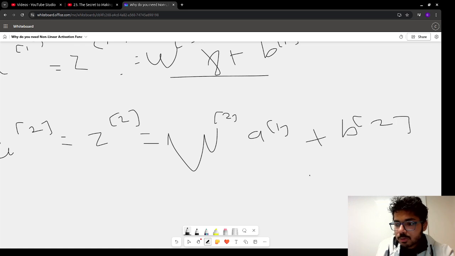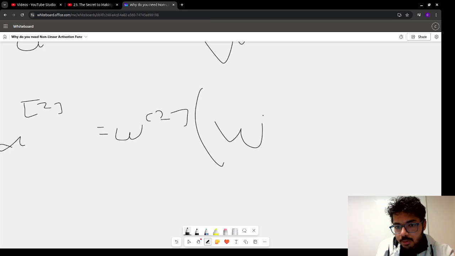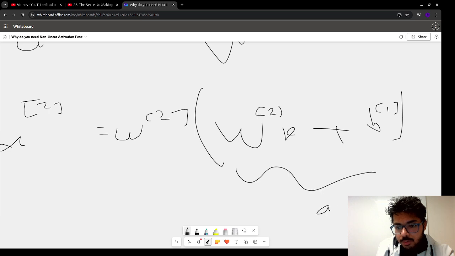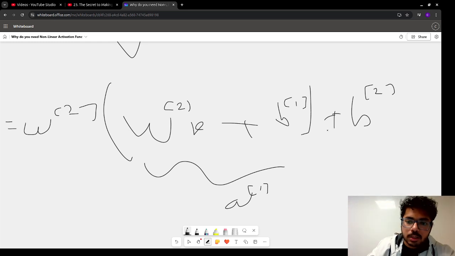So when we replace this definition of a1, we are going to get a2 equals w2 times (w1 x plus b1), where this is our a1, plus b2. Right, now the interesting thing happens.